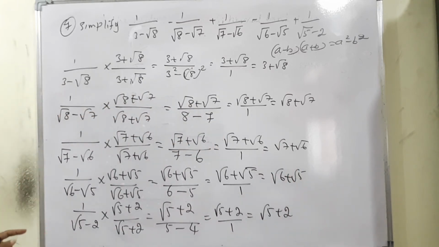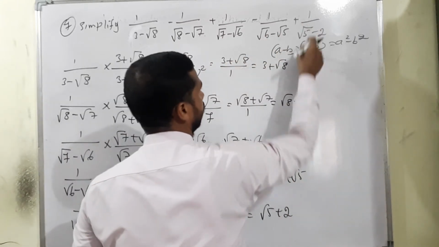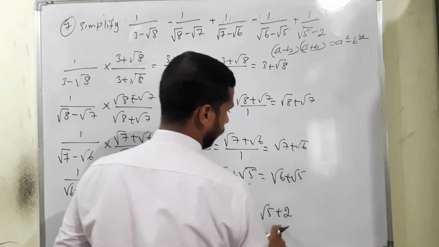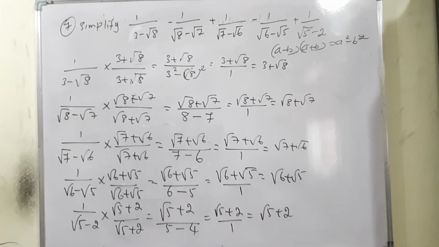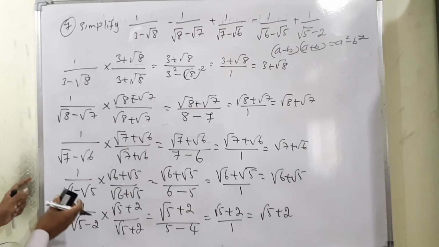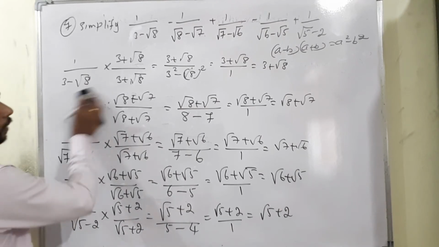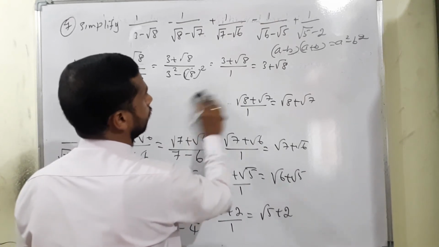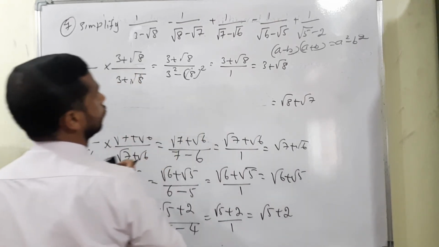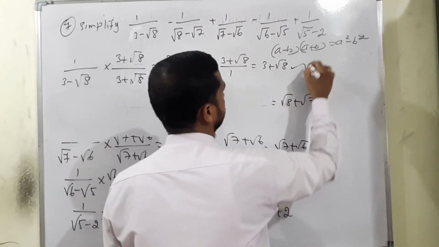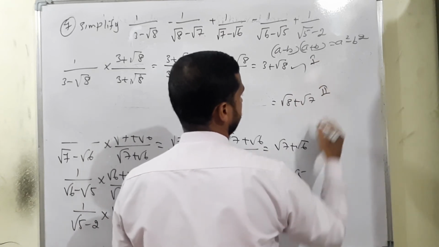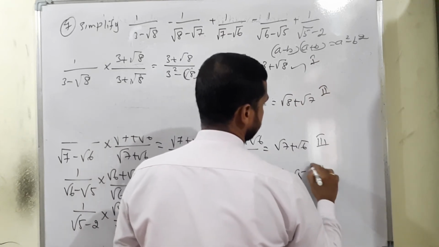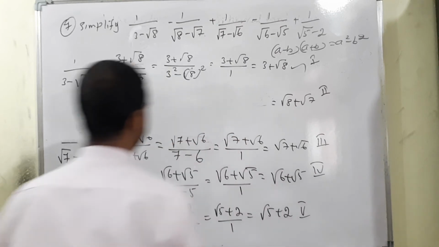Now after getting the five answers, 1, 2, 3, 4, 5, I will write this one in the question, first part, second part, third part, fourth part, fifth part.